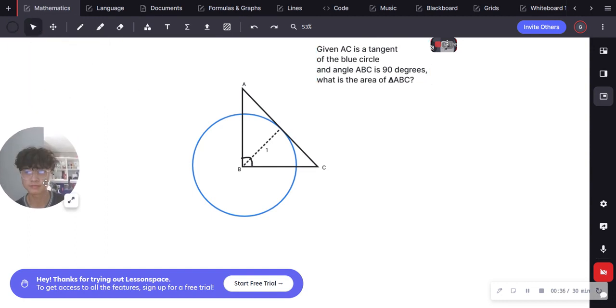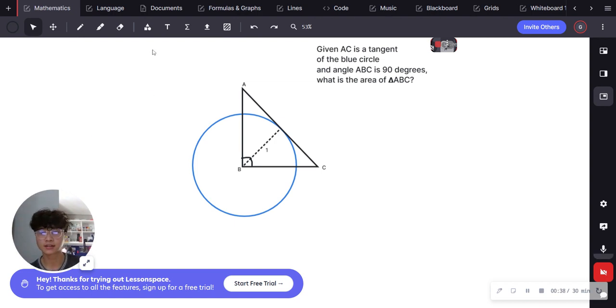It's given to us. And the rule is that for a tangent to a circle, if we draw a line from the center of the circle to the point at which the tangent touches the circle, it forms a 90-degree angle. So we know that these are 90 degrees.